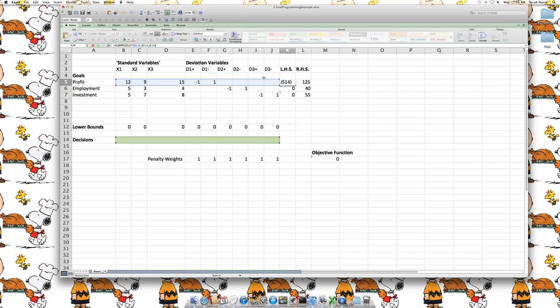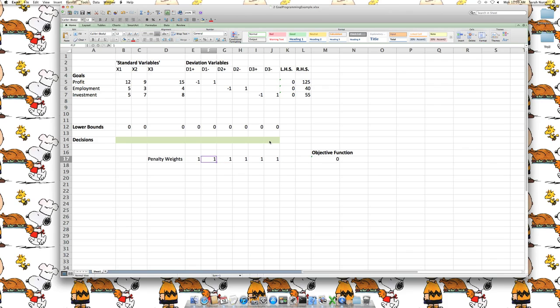So here's the sum product of the profit times what my decisions are going to be. And so this carries over, so it looks correct. And then my objective function here is going to be the penalties, which I haven't set yet, I still need to do that, times what my deviation variables are actually going to be.